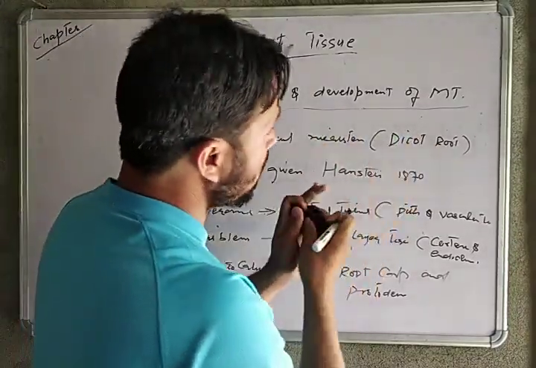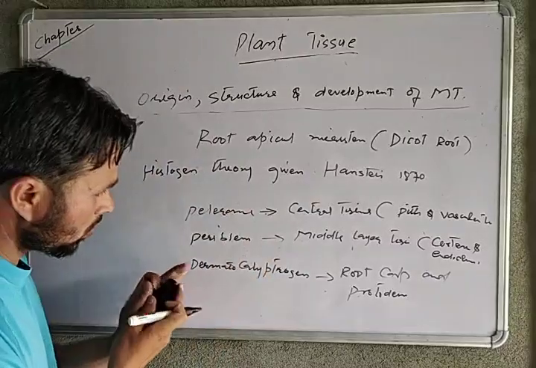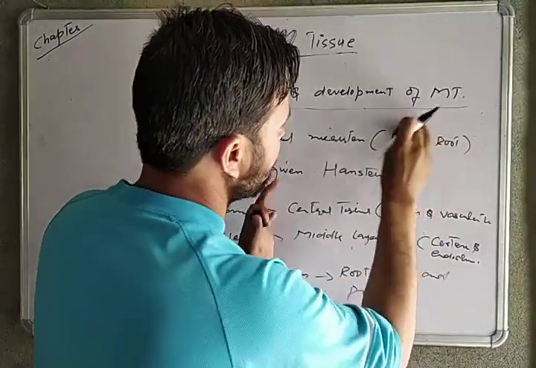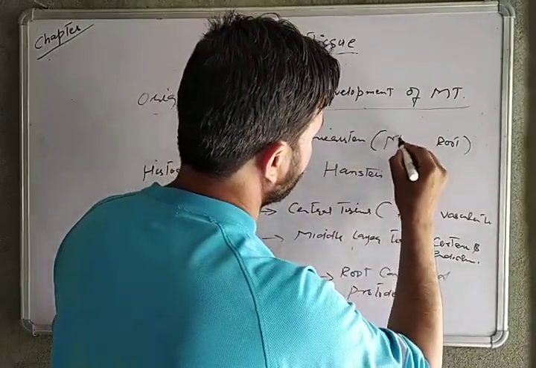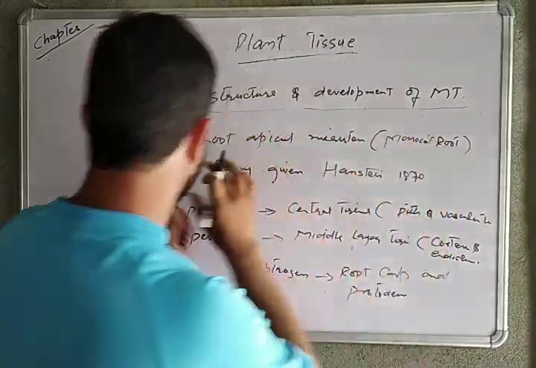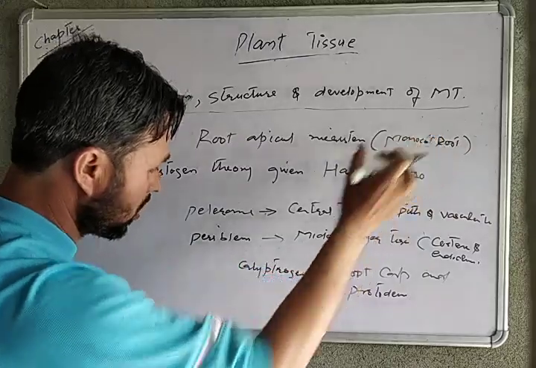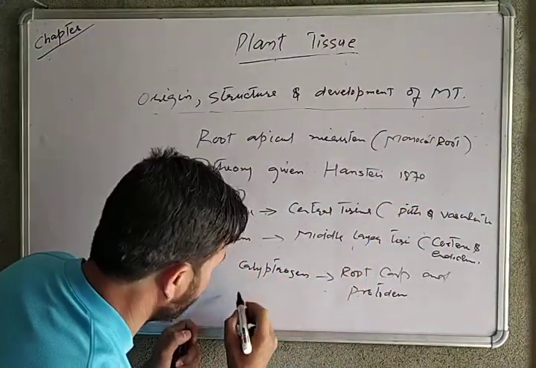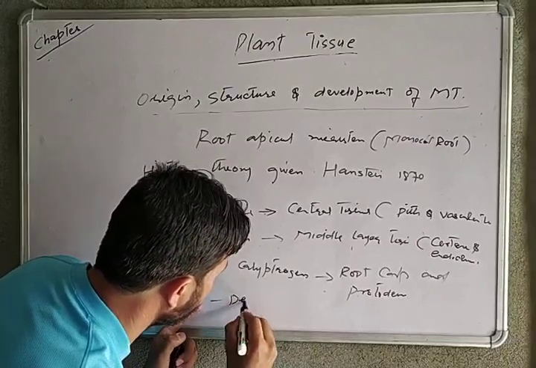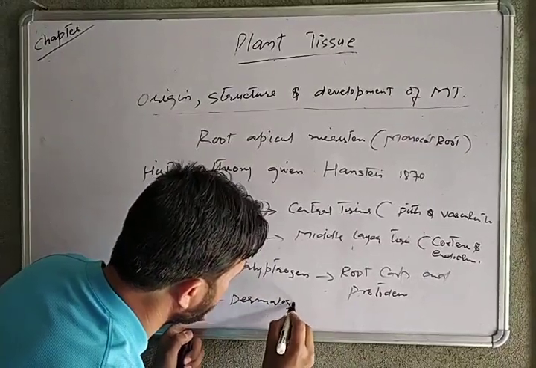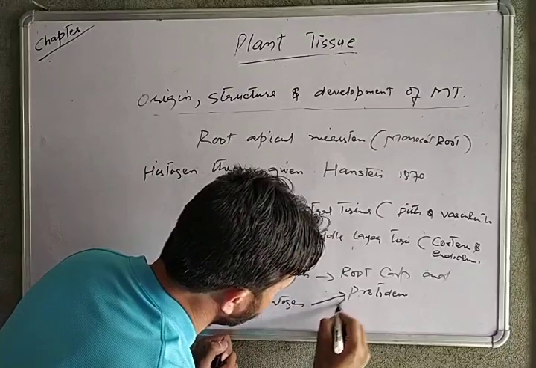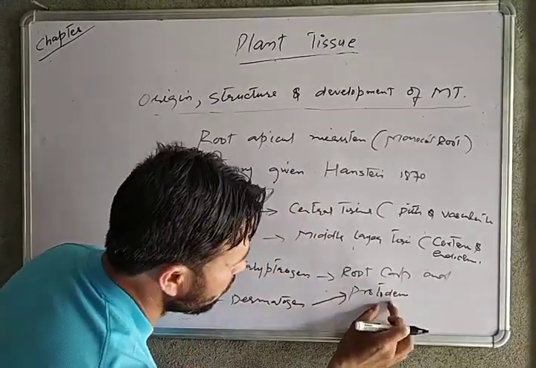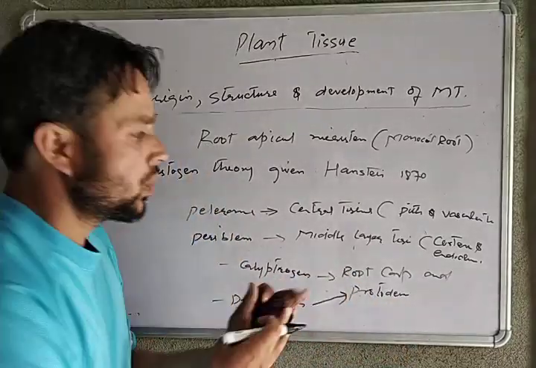When we talk of monocot root, suppose we say this is monocot root. Again, histogen theory in monocot root: here calyptrogen and dermatogen are separate. Dermatogen gives rise to root protoderm and calyptrogen gives rise to root cap.